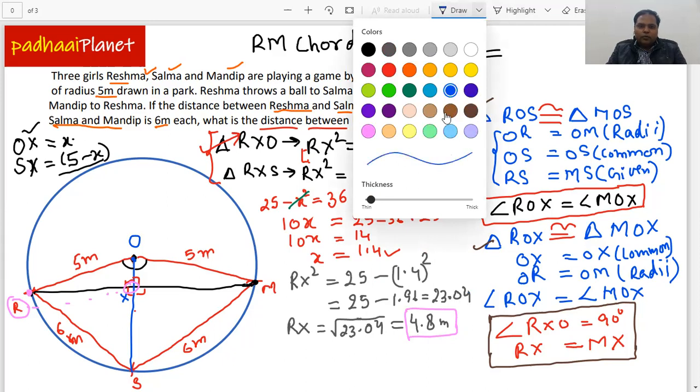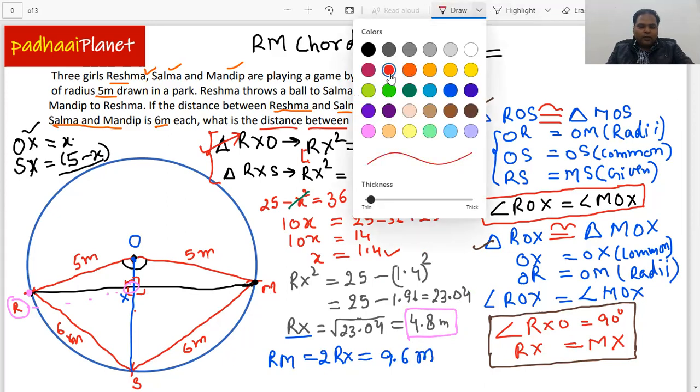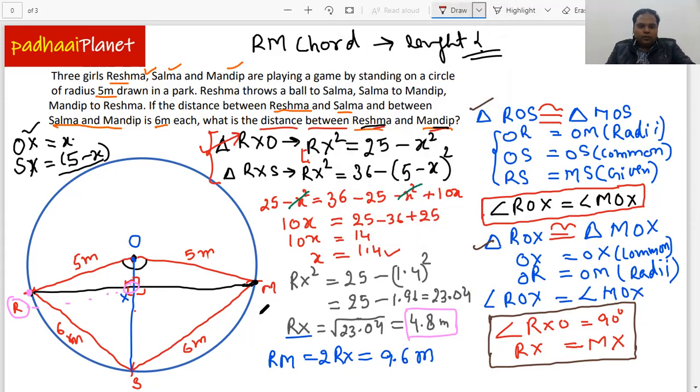We already know that RX is equal to MX, and now we can simply say that the length of RM is basically 2RX, and that's 9.6 meters. So that's the final answer which we have got here, right?